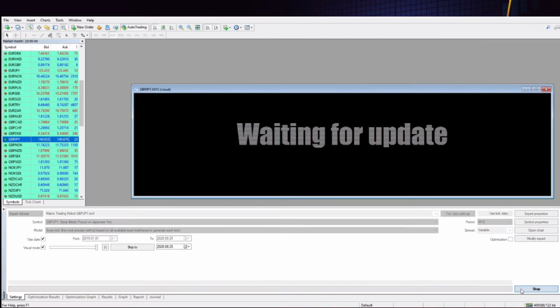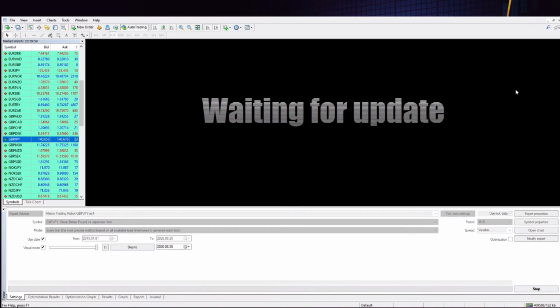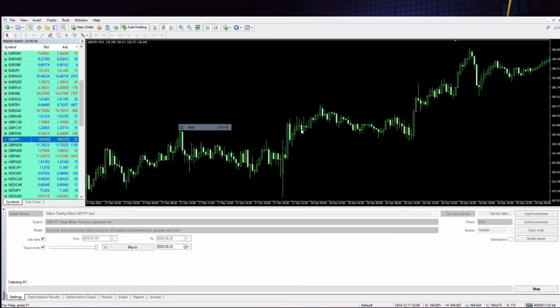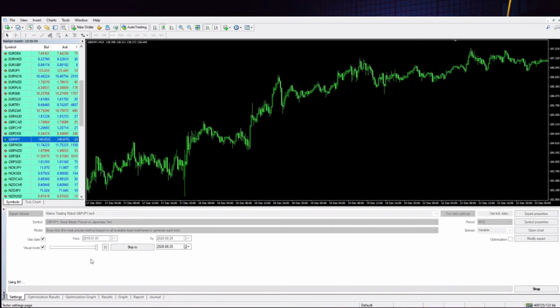Because this is a video, I will forward and I'll stop and start it just to show you what I mentioned in the previous slide, the trade mechanics. The great thing about visual mode is you can actually see how the trading system is working, and it's a good way to understand how a trading system works just by ticking on the visual mode and letting it run.